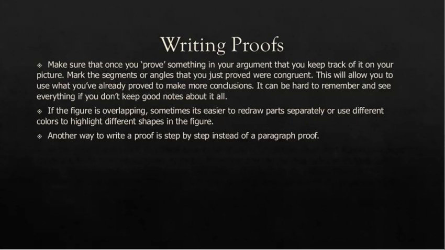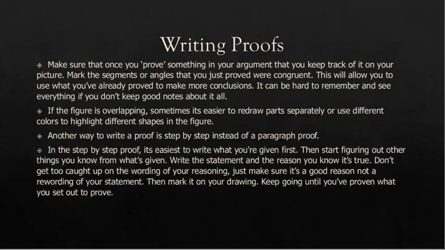Another way to write a proof is a step-by-step proof instead of a paragraph. So in that last one, we just talked through the deductive reasoning. You would have had to write the paragraph or the sentences or statements on your own. We're going to look at a step-by-step proof. I find that it's easiest to write what you're given first, and then you start figuring out other things from what's given. So based on the given, what else can you figure out?